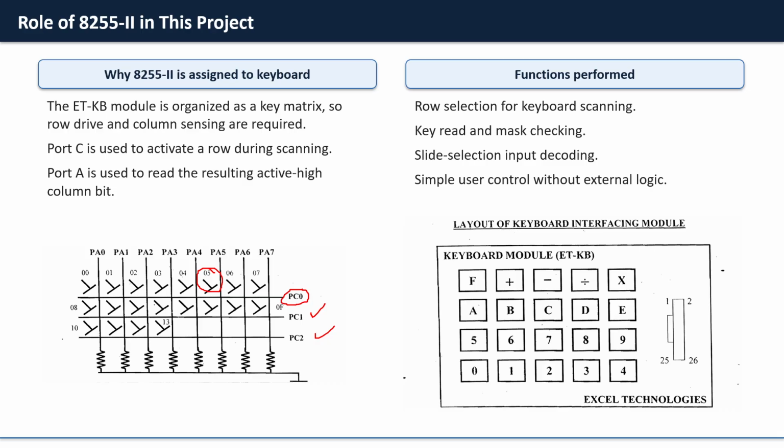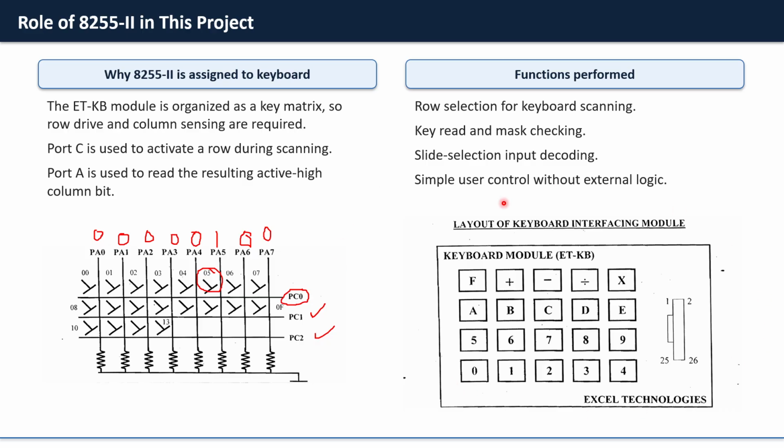That means the output sent back to the 8085 will be: PA5 will be 1 and the rest will be zeros. And this PA5, that 05 key, can be read off easily by the 8085 using simple bit masking.